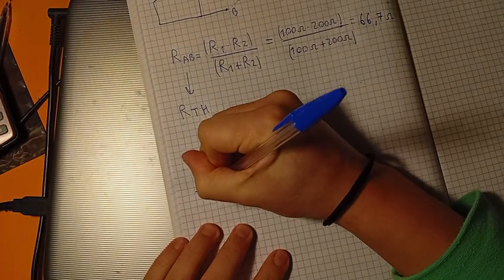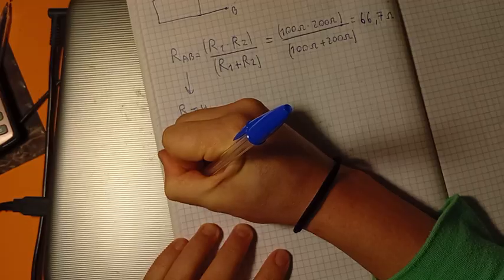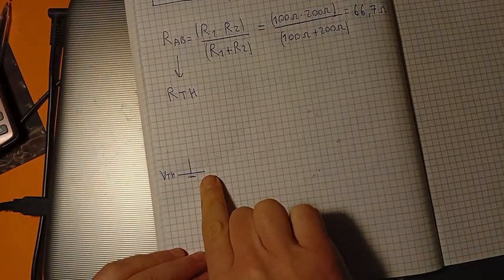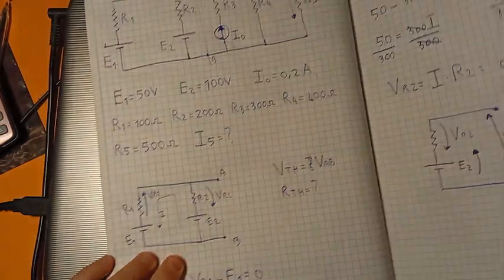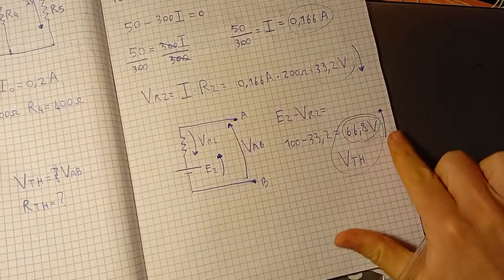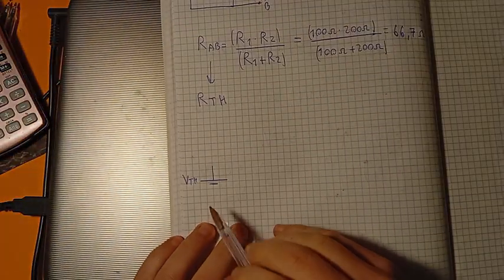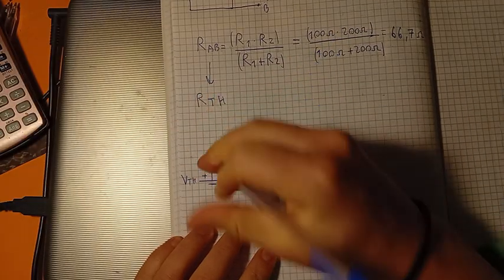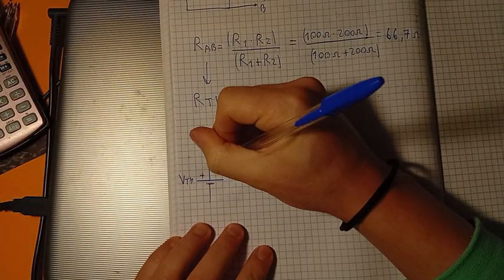So the Thevenin voltage source, we'll put it in this direction, as you can see, because the direction was this, so we'll respect this direction. As you can see, the positive is here and the negative here.